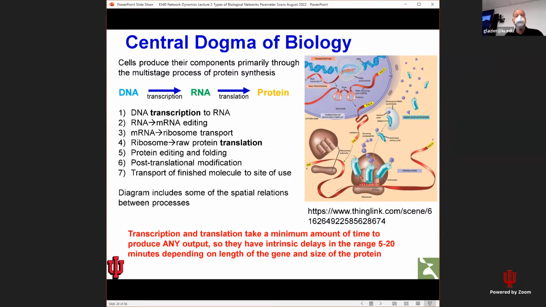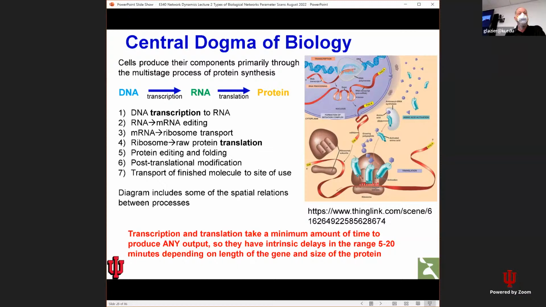There are some tricks. Bacteria will have multiple RNA polymerases or DNA polymerases that walk along the same DNA at the same time. So you're synthesizing multiple copies of RNA simultaneously.